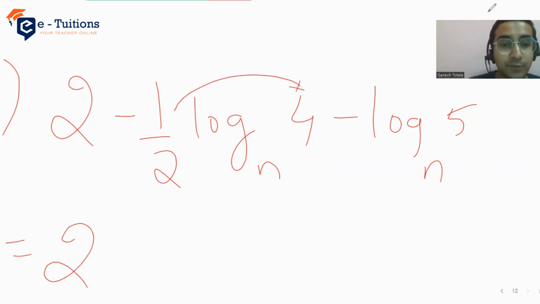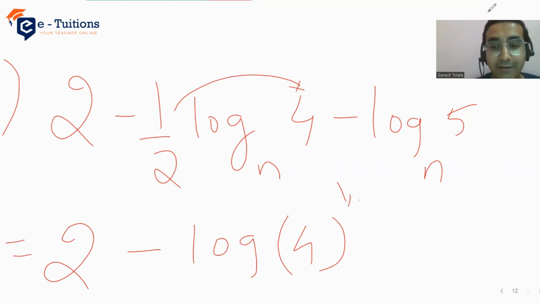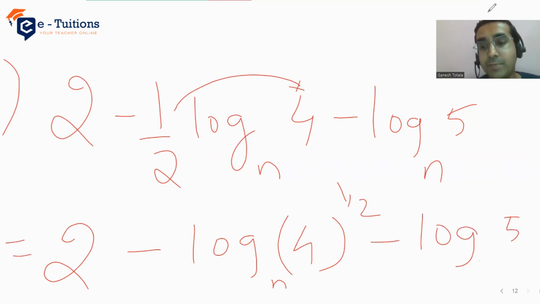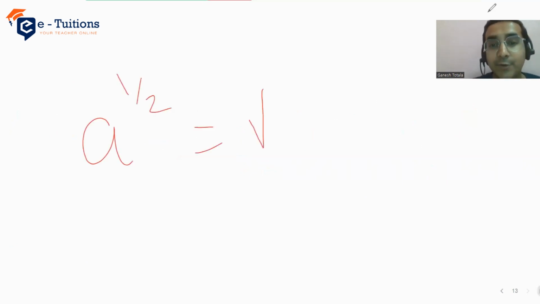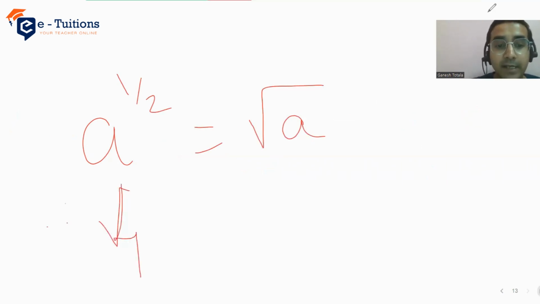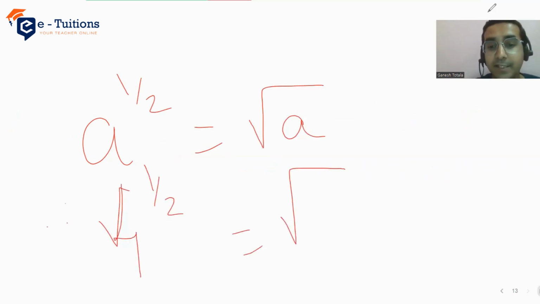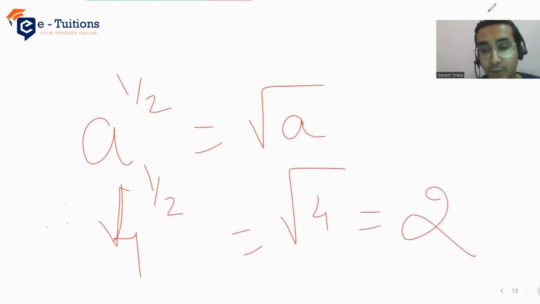So this will be 2 minus log of 4 raised to half to the base n minus log of 5 to the base n. Now, in general in maths, a raised to half I can write as root of a. Therefore, 4 raised to half, I can write as root of 4. The answer is 2.